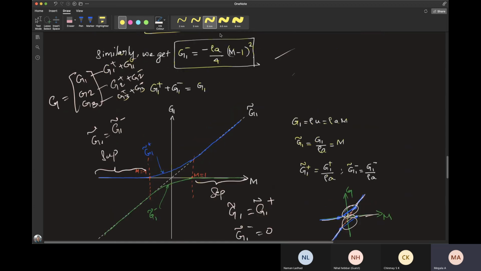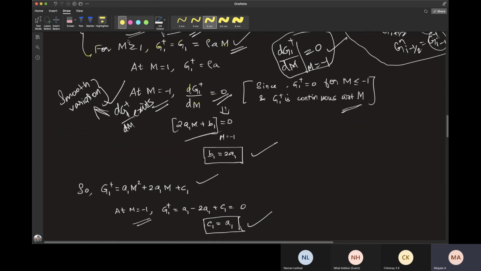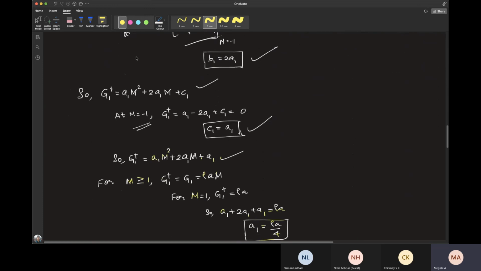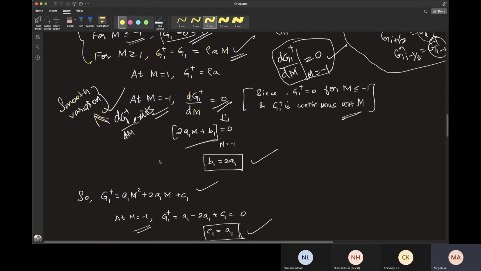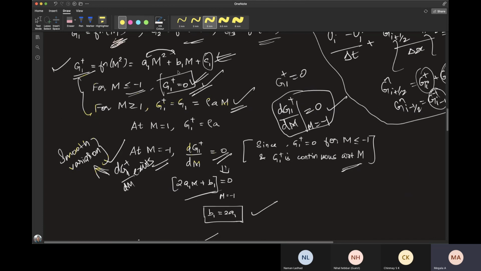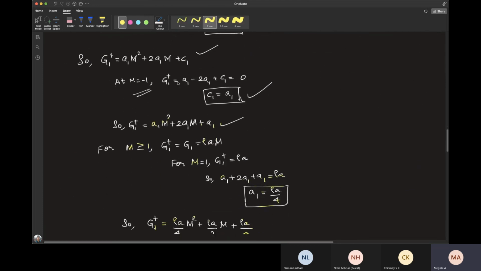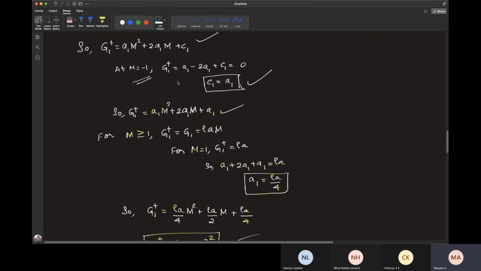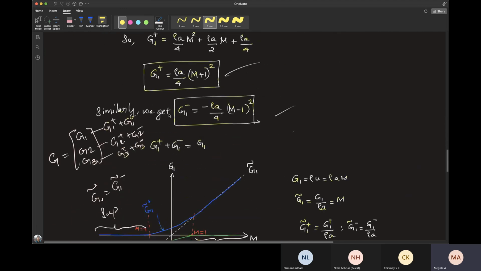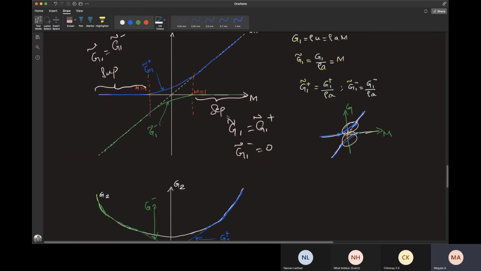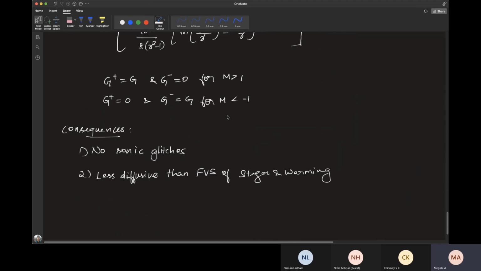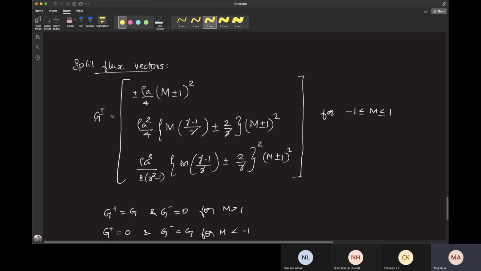You split the fluxes by making sure that all the conditions are satisfied, especially the smoothness condition and the other upwind conditions like supersonic necessary conditions and subsonic conditions. If all of those are satisfied, then you get split fluxes that allow smooth variation. Okay, and these are the split flux vectors of Van Leer's.